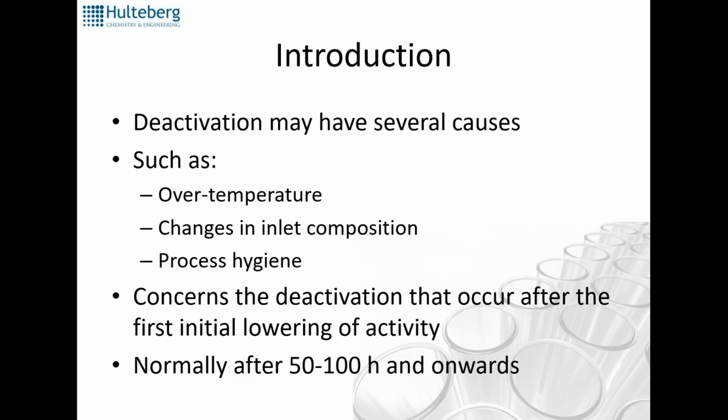It can also be that you introduce too little steam, for instance, that would then make carbon formation more of a problem. And another thing that is really important is process hygiene. So upstream purification. How well do we remove chlorine, fluorine, and other contaminants before they hit the catalyst bed? That's also really important.